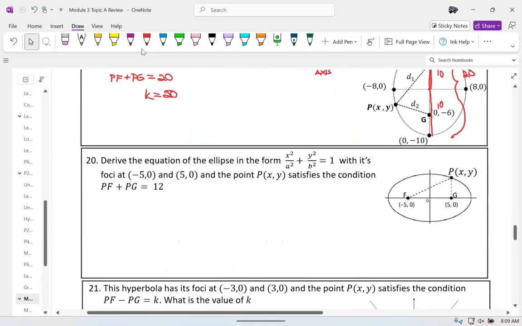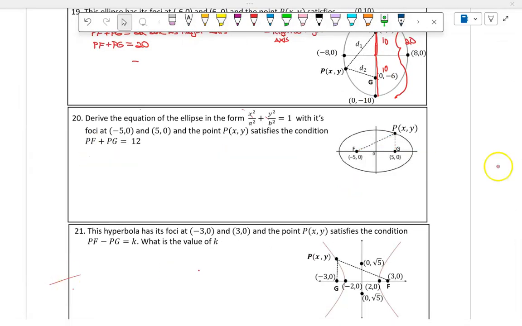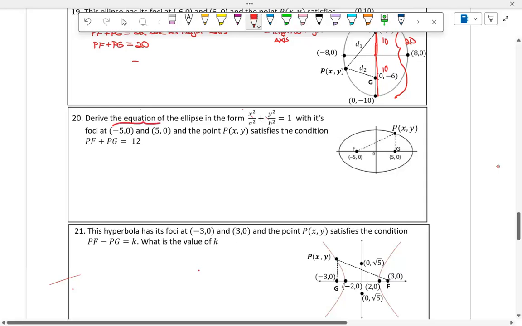All right, derive the equation of the ellipse in the form x squared over a squared plus y squared over b squared. All right, so we're told that the focal points are on the x-axis. All right, so that is going to be our major axis.